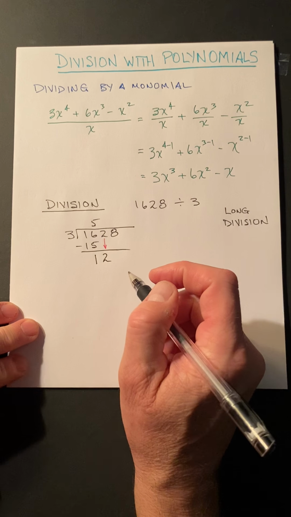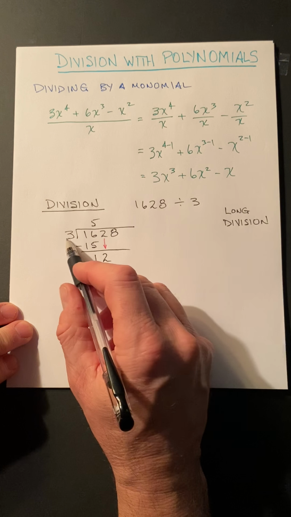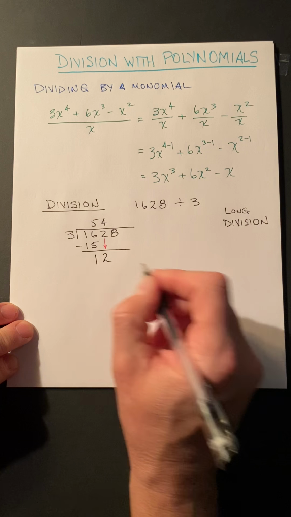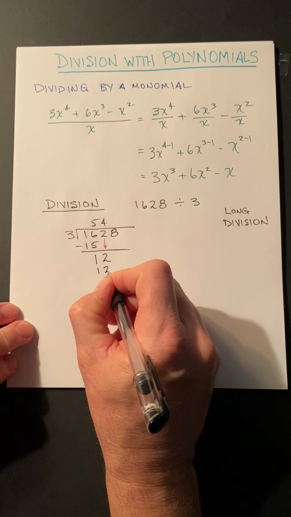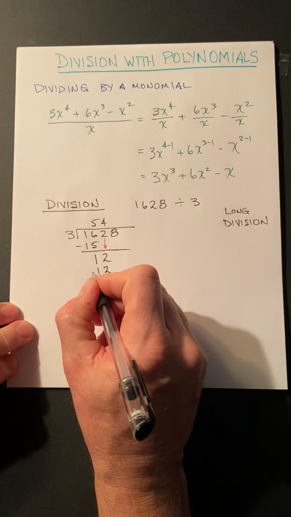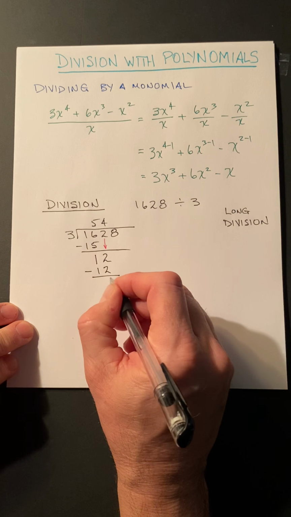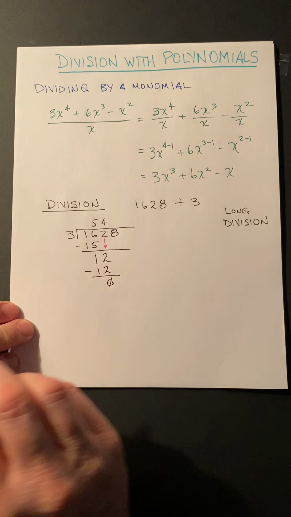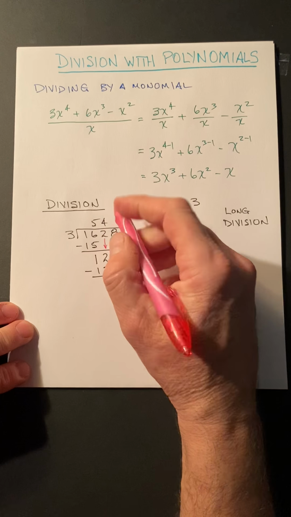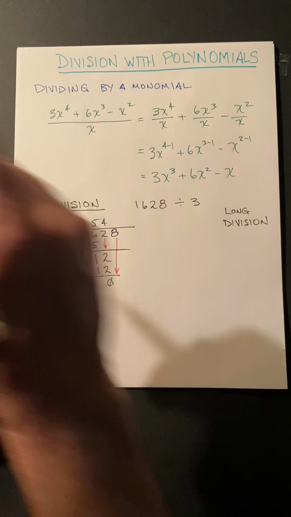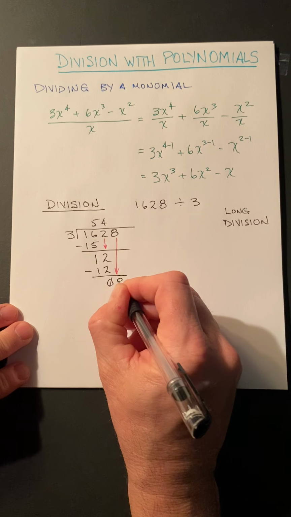And my process starts all over again, doesn't it? How many times does 3 go into 12? Well, it goes 4 times, because 4 times 3 is 12. I subtract again, don't I? And 12 minus 12 is just 0. And so I bring down the next digit, which is 8.